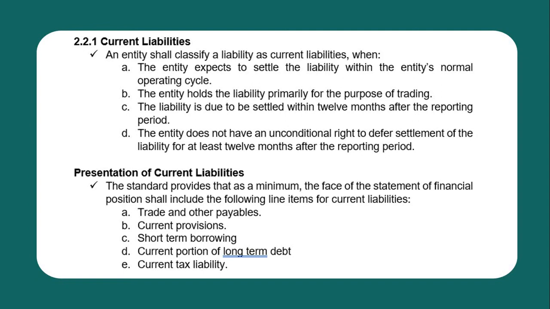For example, if today is the reporting period, then you have a liability that will mature within 12-month period after the reporting date, and then the entity has the discretion to defer or to extend the term of that liability, then such liability should not be reported as current liability.